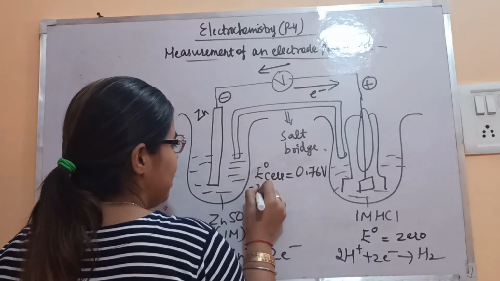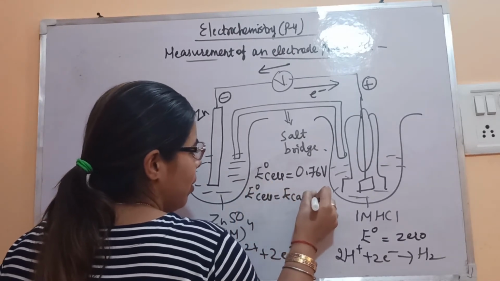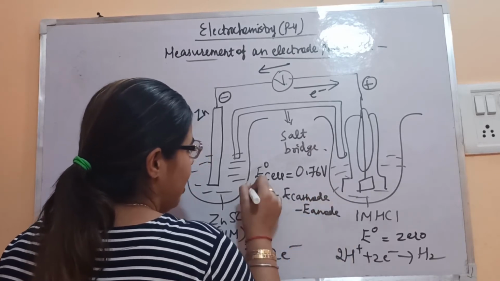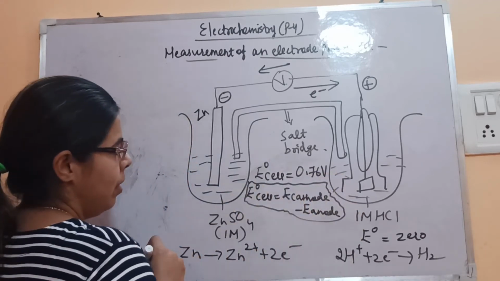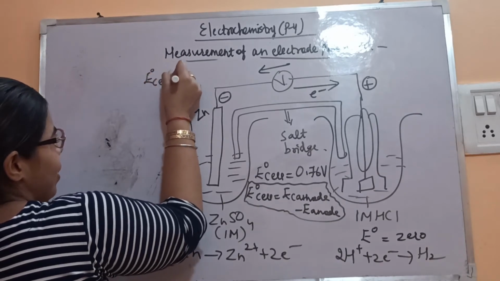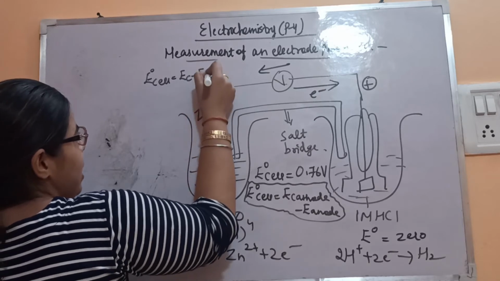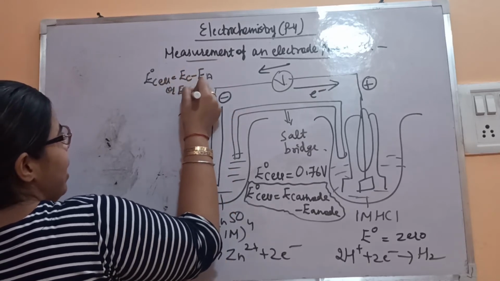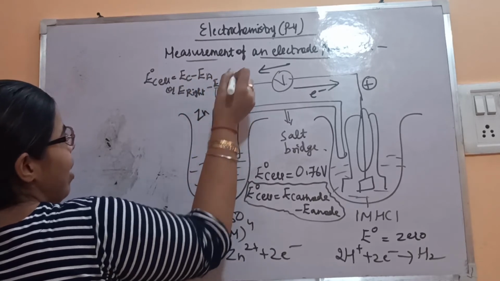E naught cell is equal to E cathode minus E anode. This is the formula: E naught cell is equal to E C minus E A, or you can say E right minus E left.